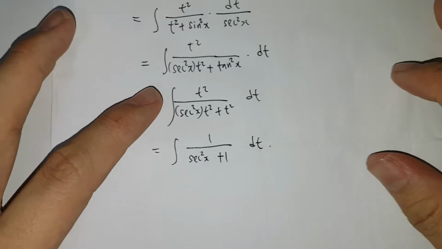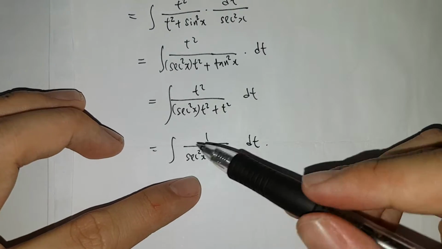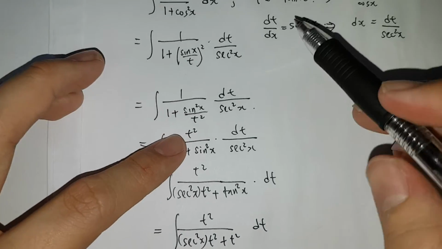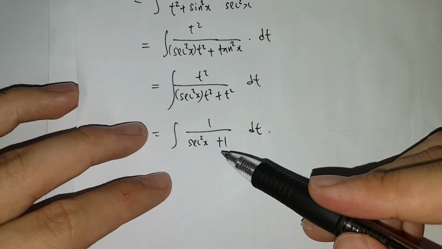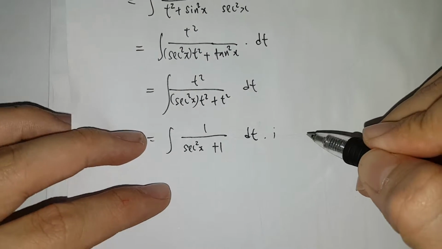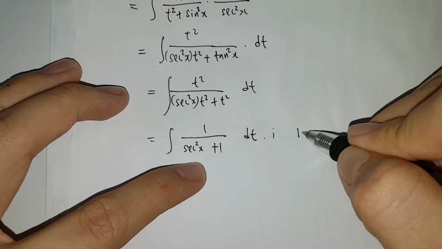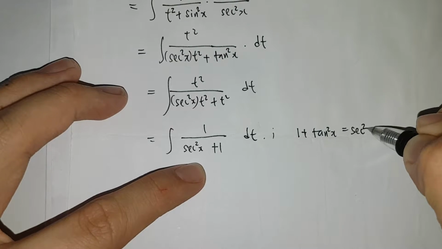Alright, now once you know that this is secant square x, and you want to express this expression in terms of t, when you think of secant square x, you have to think about this formula where 1 plus tangent square x equals secant square x.